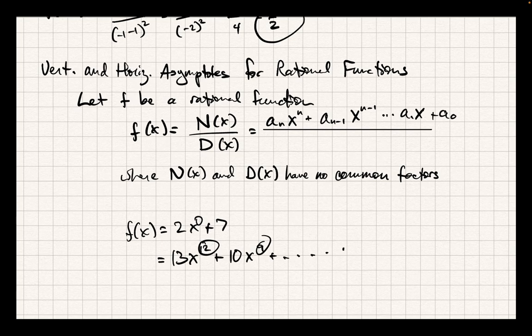I don't know how many terms I need. If I have a polynomial of order 12, then I'll have an x to the 12 and an x to the 11, possibly with a non-zero coefficient, maybe it is 0, all the way down.